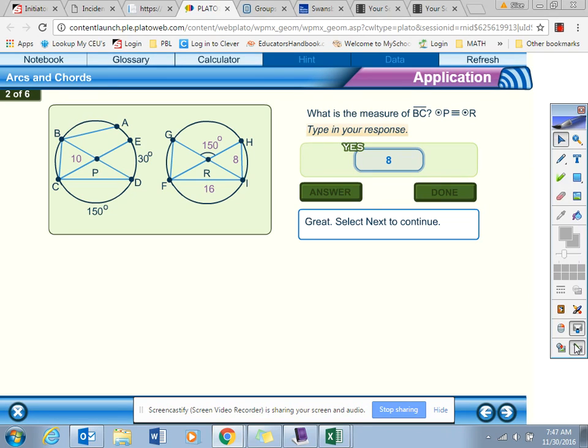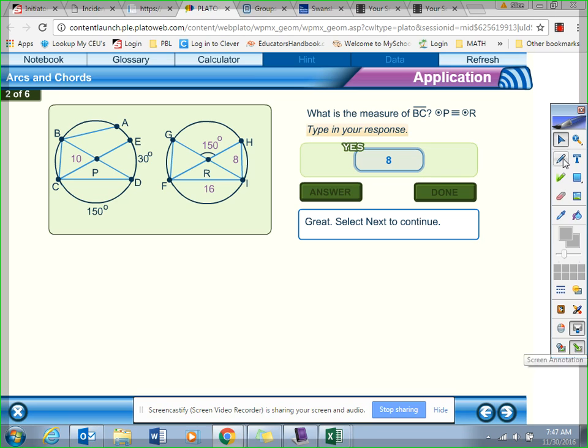But the only issue is, did they ask us for it? Remember that arcs have the little symbol right above it that's like a little sideways parentheses or a little crown, or however you want to say it. So the arc BC would be 30. But they didn't ask for the arc, they're asking for the segment. How long is the segment BC?